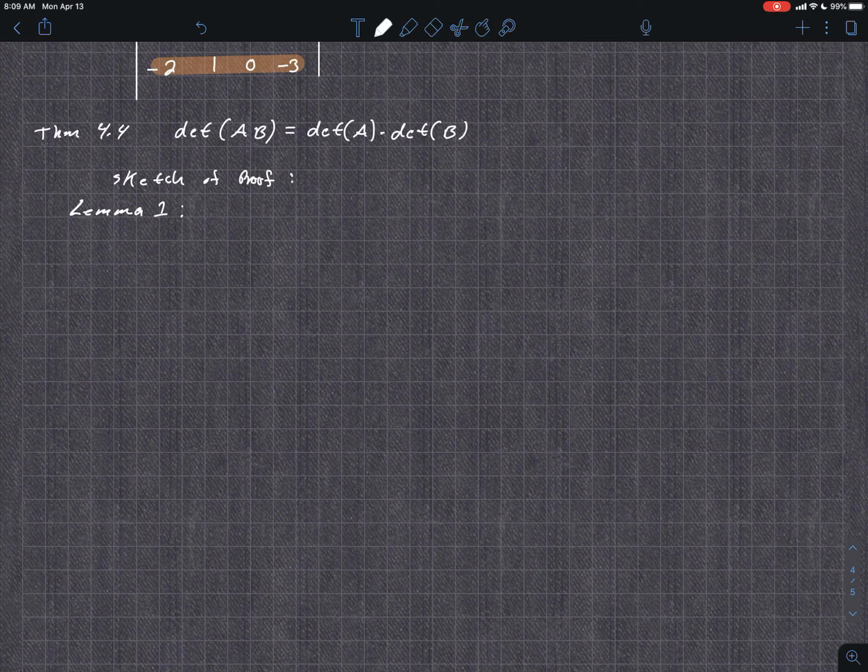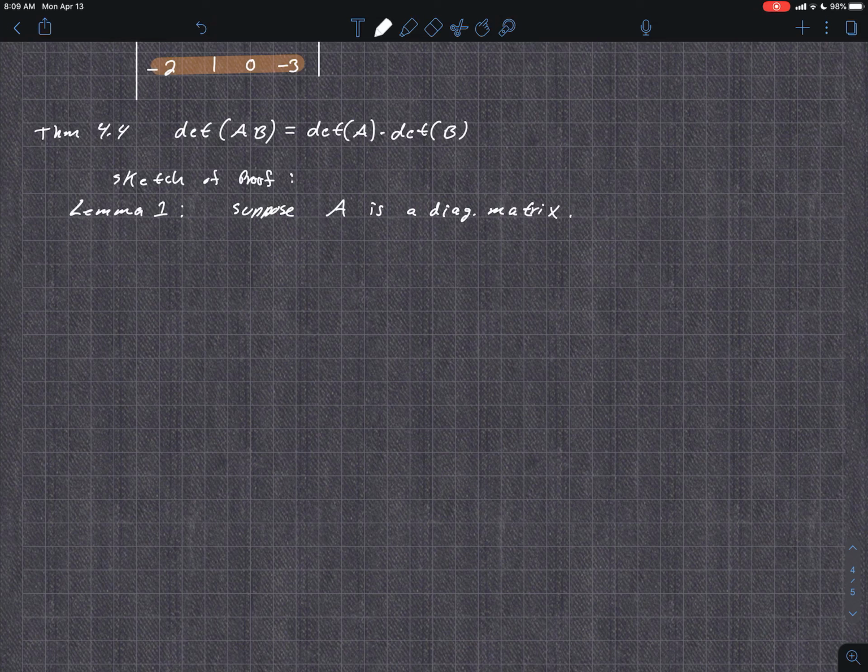Let's suppose first that A is a diagonal matrix. We know the determinant of a diagonal matrix is the product of its diagonals, so if it's a diagonal matrix, the result is pretty clear. B is just some matrix, and say it's an invertible matrix as well.